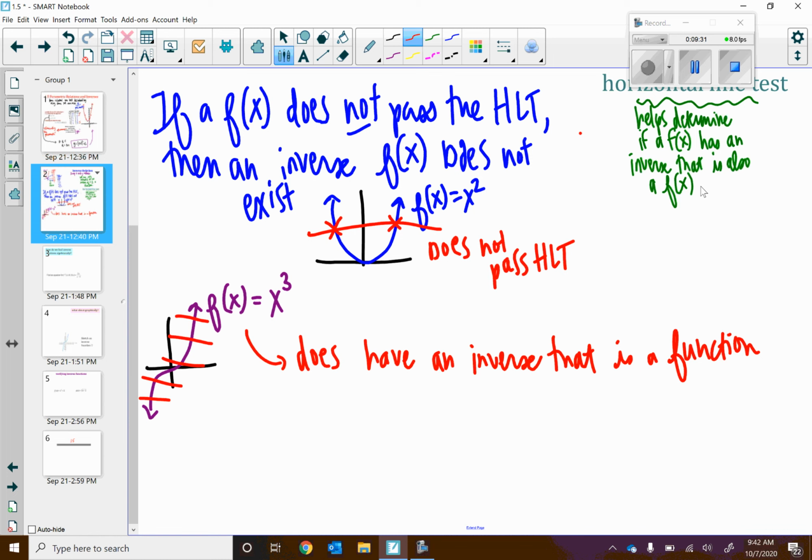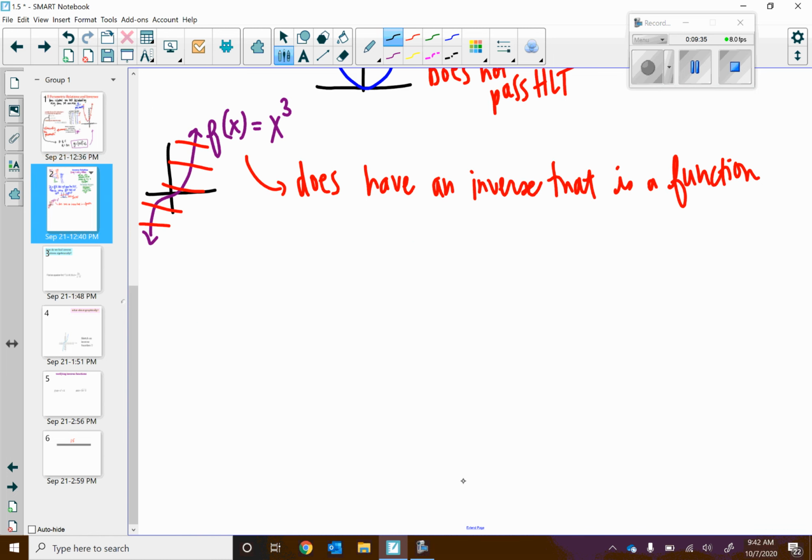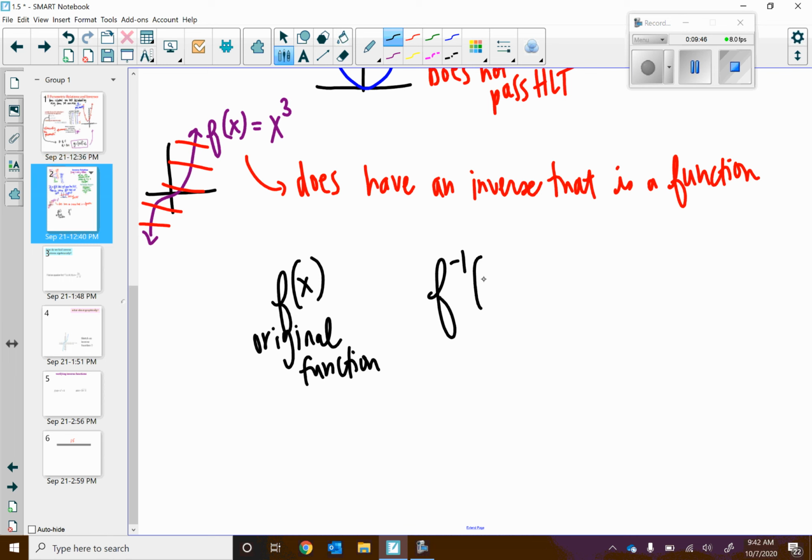Now we keep saying function and inverse. I haven't really given you full notation. F of x is the original function. F to the negative first of x, although we would never say that, we really read this as the inverse function. I can literally say f inverse of x.